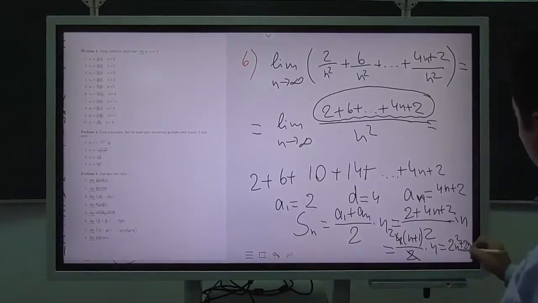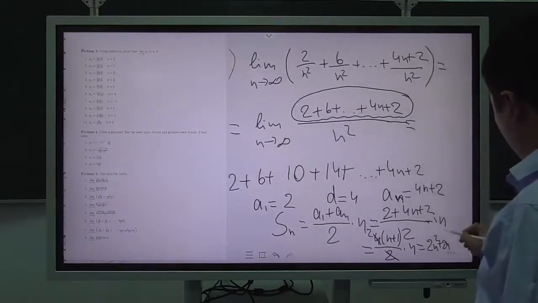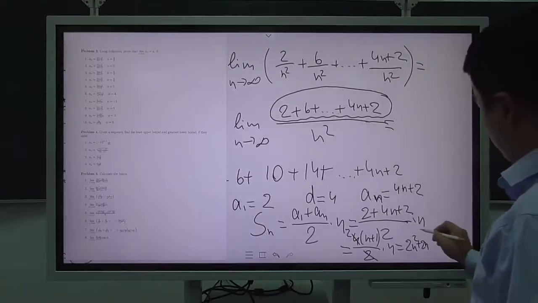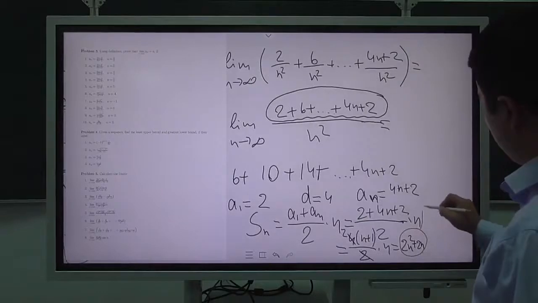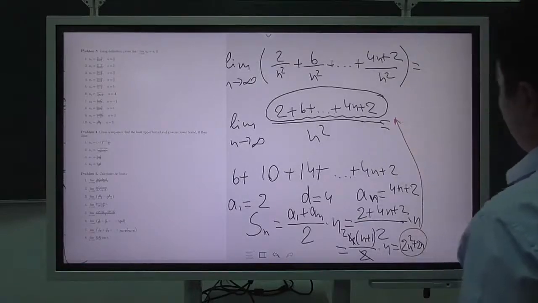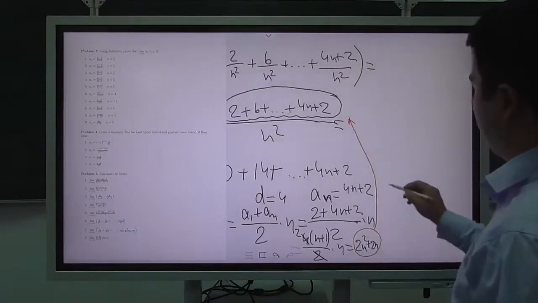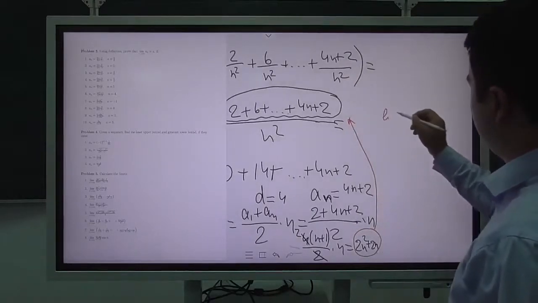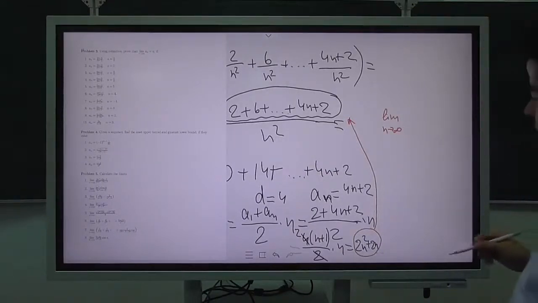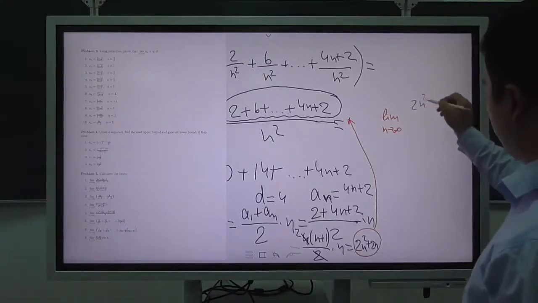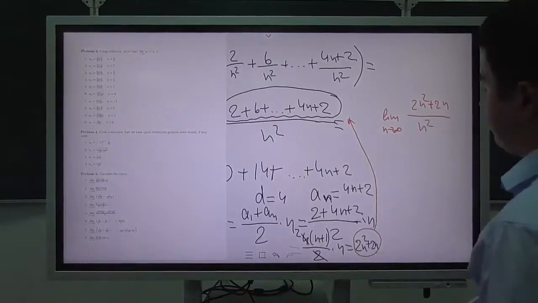It equals this one now, and we put it here. Now if we continue, it is limit n tends to infinity of 2n squared plus 2n over n squared.